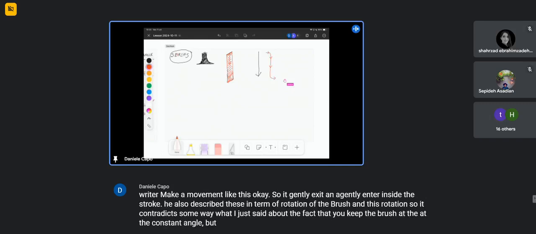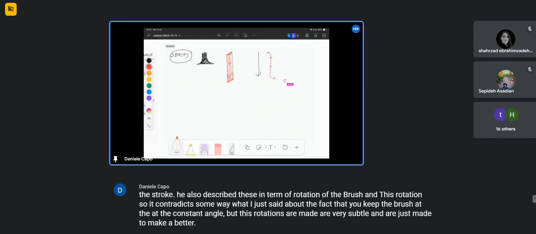But these rotations are very subtle and are just made to make a better termination for strokes and curves, etc.